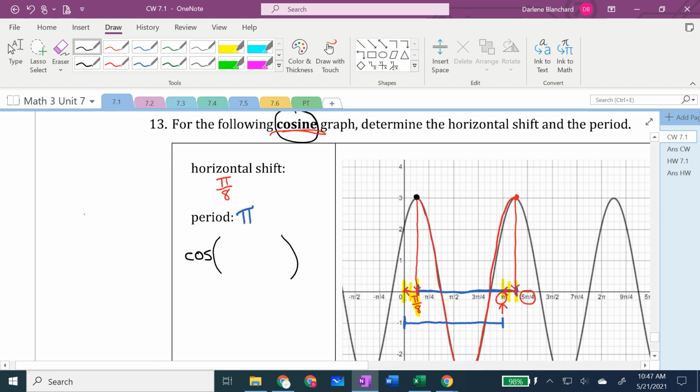You want to set this up so that inside of that parentheses, you have b times x minus the horizontal shift, with a parentheses around x minus horizontal shift. That horizontal shift was pi over 8, so x minus pi over 8 in a parentheses.